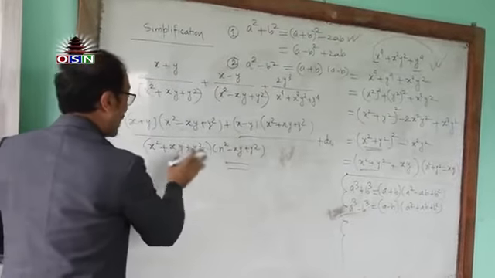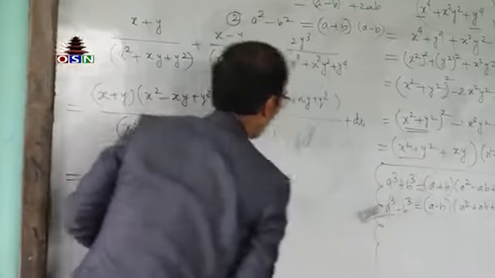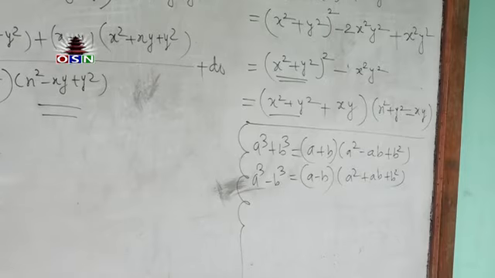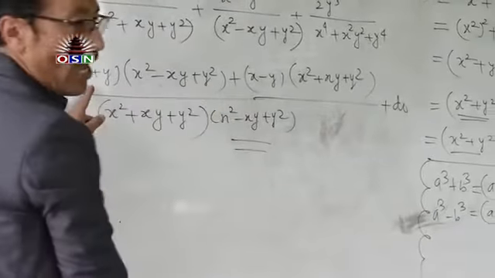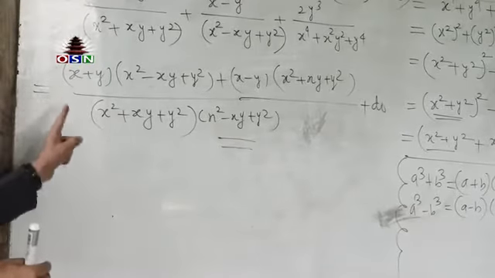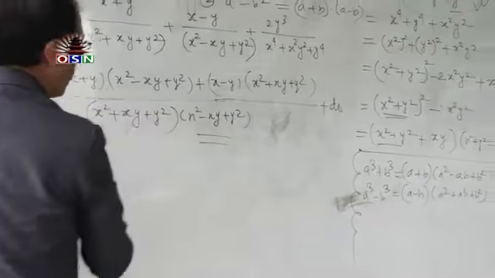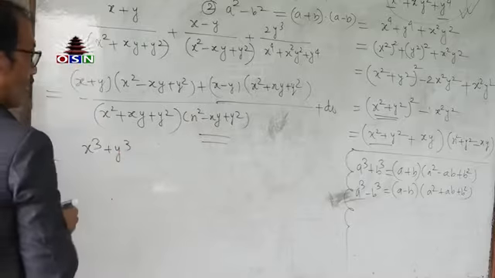Well, let's compare these two factors with this one. With the first one, this is supposed to be (a plus b)(a square minus ab plus b square). That means x and y are present here for a and b. So we are very much clear according to this formula. When these two are multiplied, of course we will get x cube plus y cube.